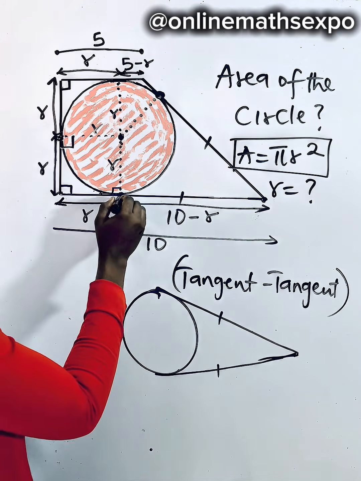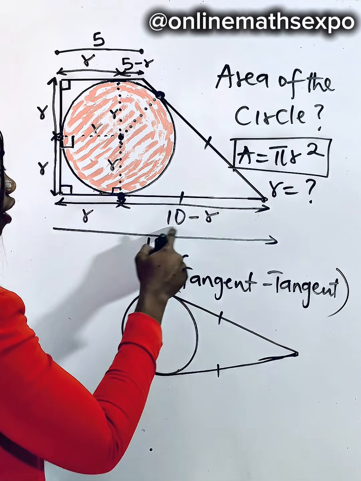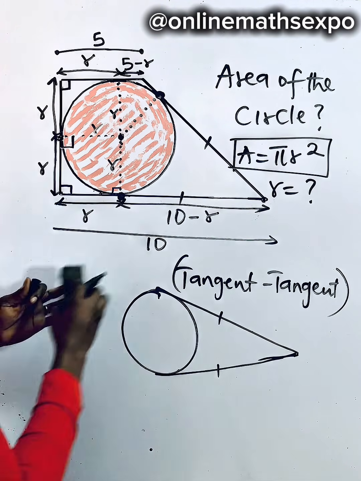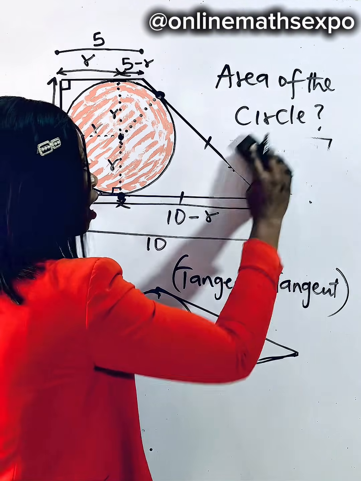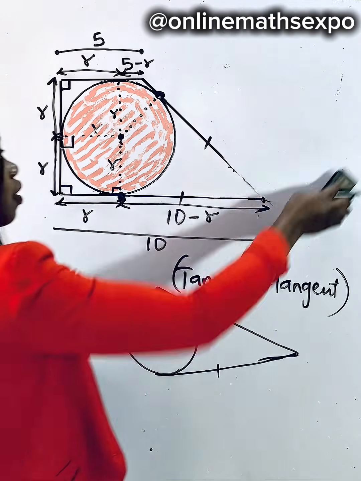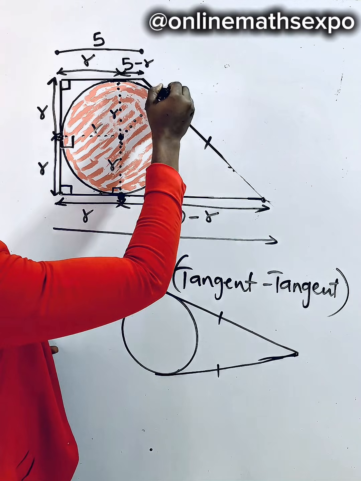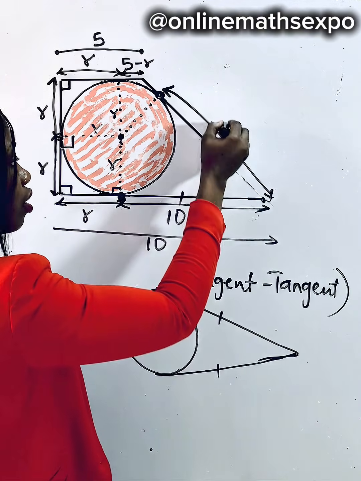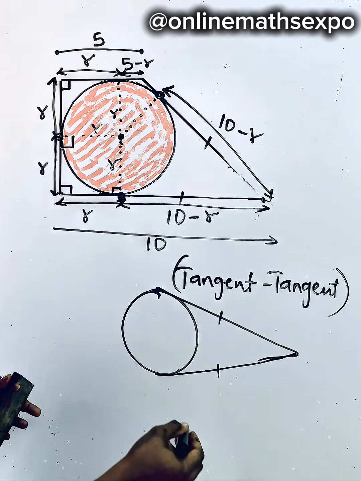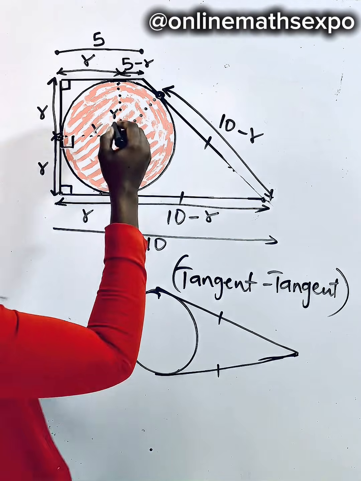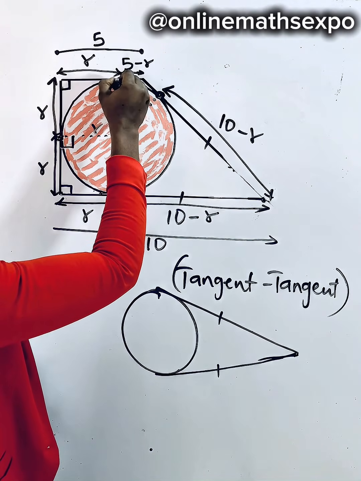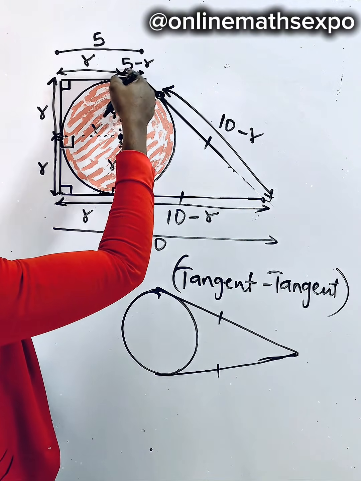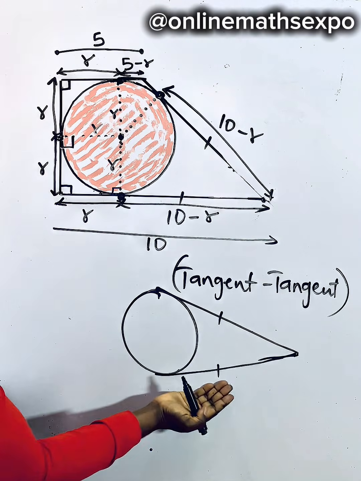And in that case, it means if from here to here measures 10 minus r, automatically, this length here measures 10 minus r. Also observe that from here, this place to this place measures 5 minus r, obeying what we stated here.